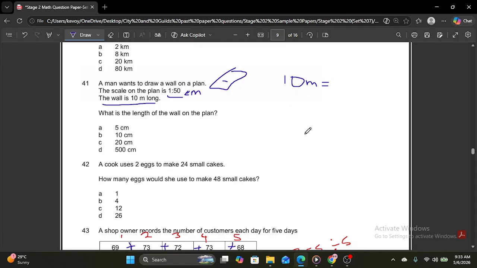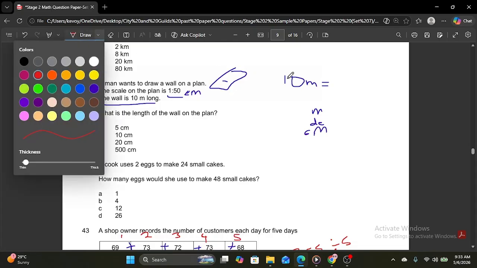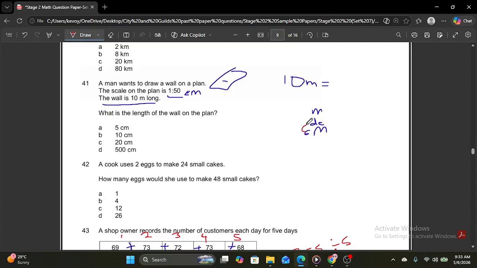What do you do to move from centi? So you have centimeters, then you have deci. After the deci, then you have meters. So moving from there, that's how many movements. Centi to deci, that's 10.